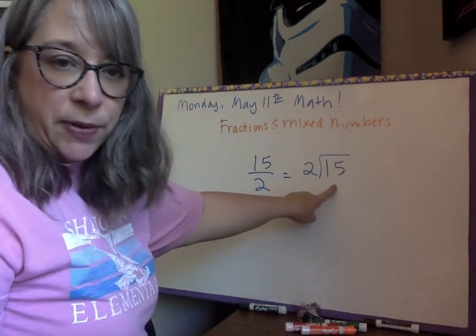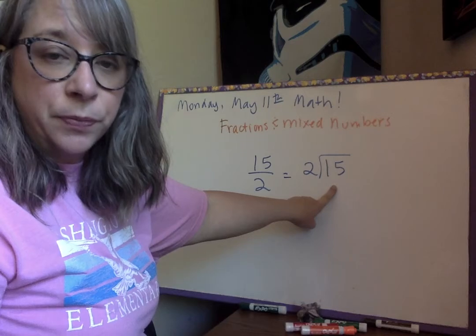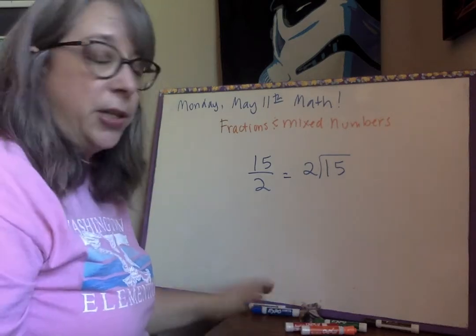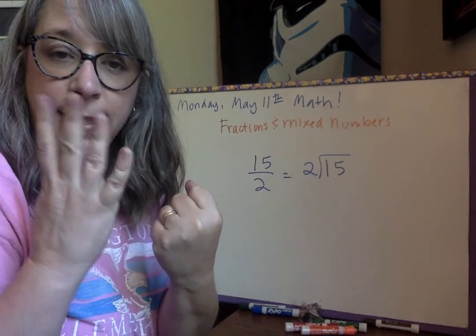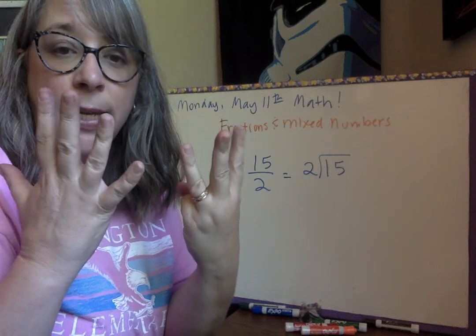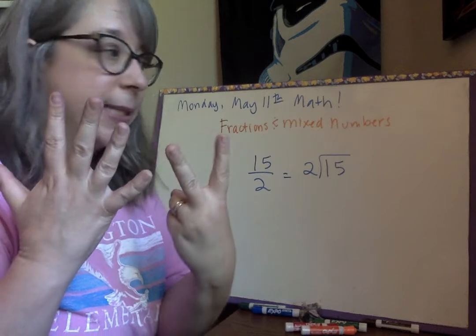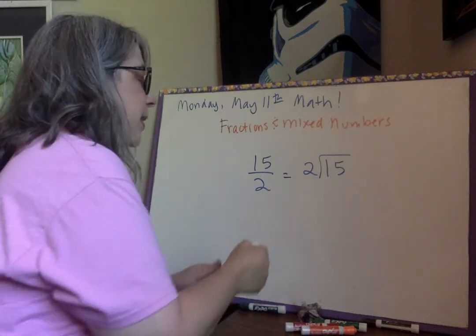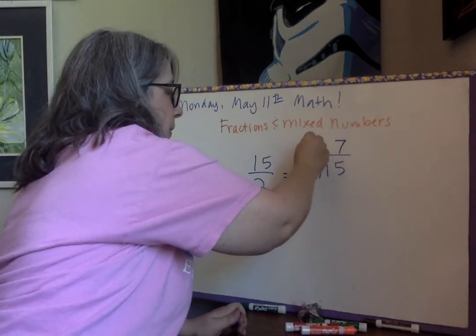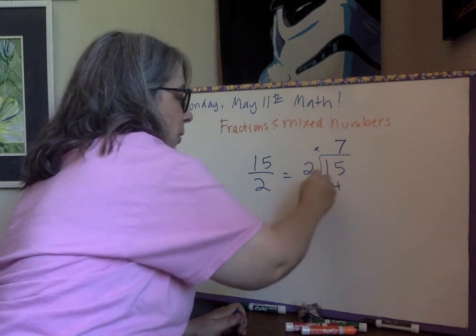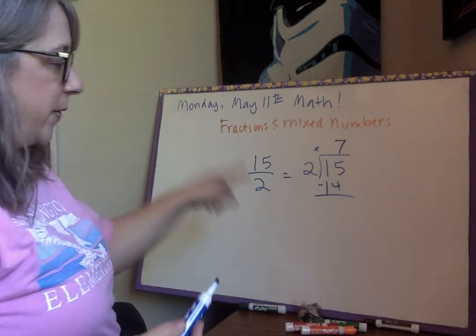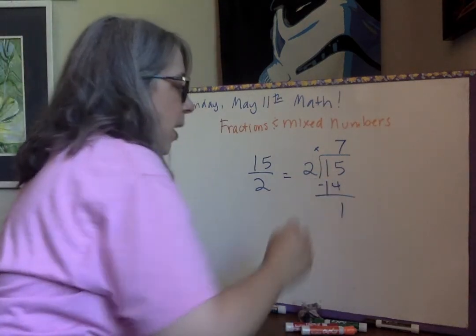We want to get as close to 15 as we can without going over. So start counting by 2s. 2, 4, 6, 8, 10, 12, 14, 16. 16 is too much, so it'll be 7. 7 times 2 is 14, and we're going to subtract those numbers. 15 minus 14 is 1.